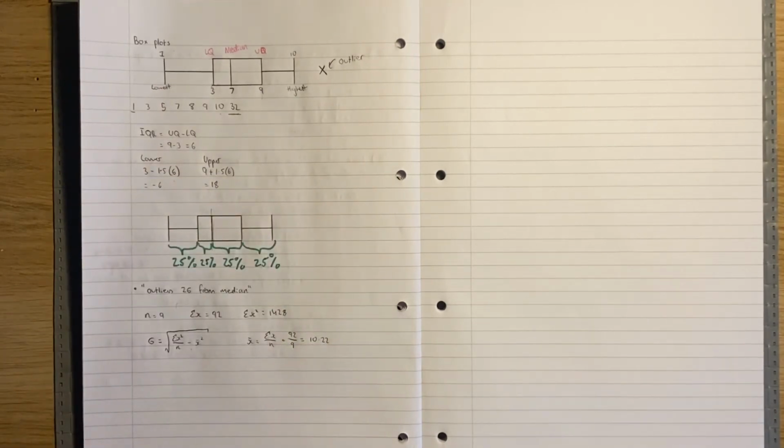So now to find sigma, we've got our x bar, we've got our sigma x squared, and we've got our n. By the way, these letters are both sigma. This is the uppercase Greek letter sigma. This is the lowercase one. This is for standard deviation. This is a summation.